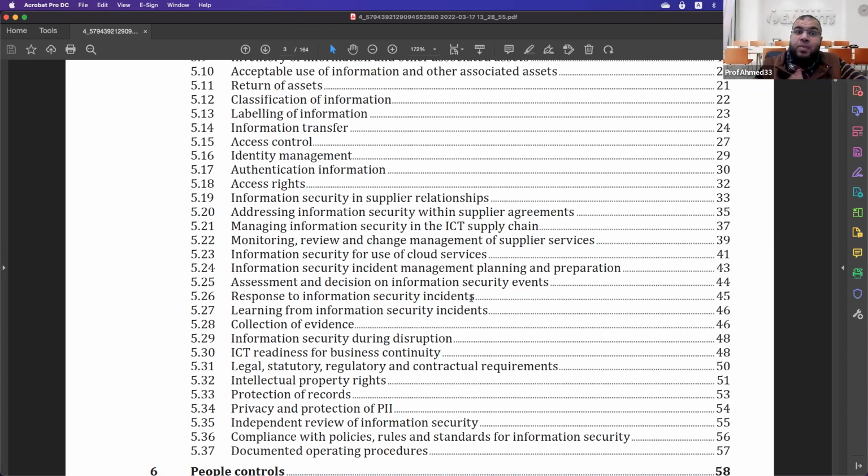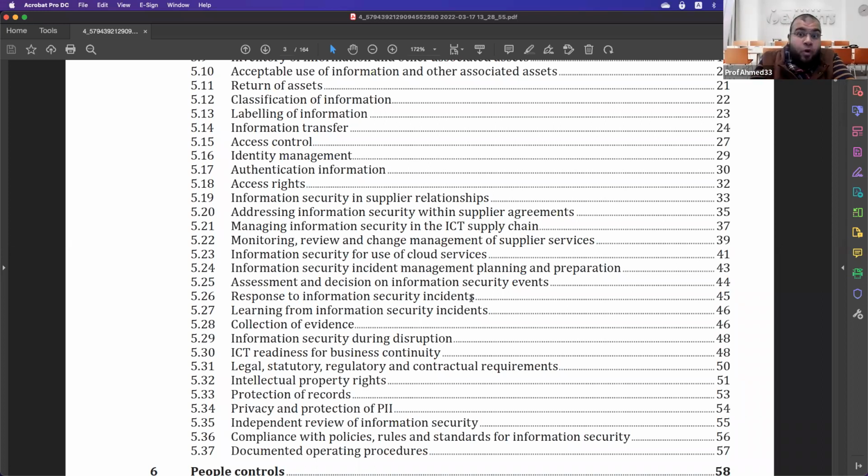Information security incident management and preparation. If you are a cloud service provider, super fast, you must be ISO 27001 compliant and ISO 27017. If you remember 17, I think we mentioned before in many conferences, ISO 27017 is the security controls for public cloud.